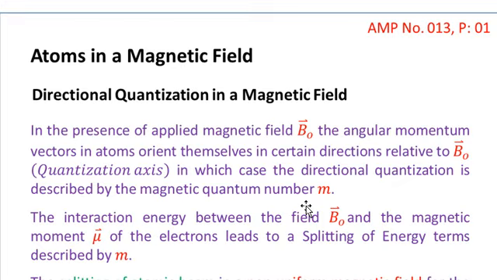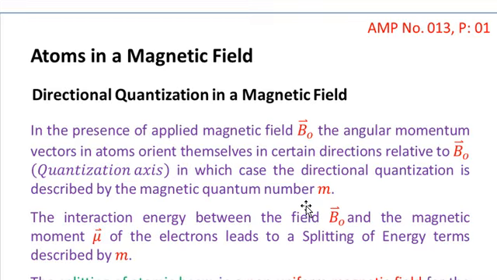So you see that we have seen previously that when an atom is placed in a magnetic field, the magnetic moment of the atom starts precessional motion about the magnetic field B naught. And we have discussed different cases. For example, we have discussed pure spin magnetism, pure orbital magnetism, and the mixed case in which both the spin magnetism and the orbital magnetism were present.